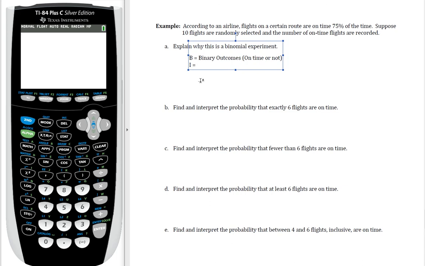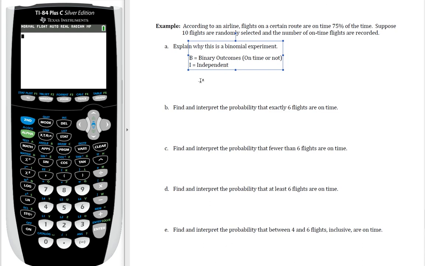Our next part of the acronym, I, stands for independent. This is where we need to confirm that the trials in the experiment, which in this case are the flights, are independent of one another. We don't have anything in the description that explicitly states that.